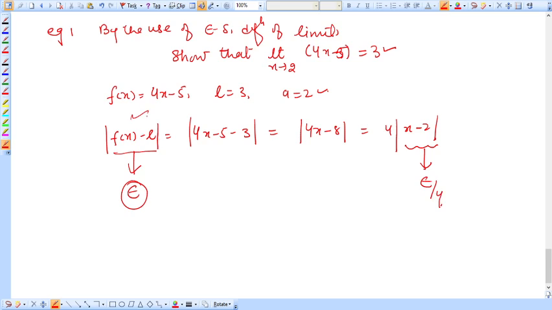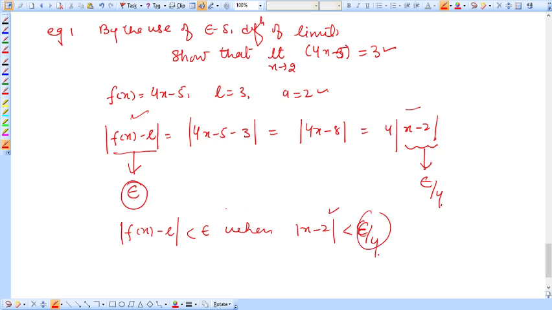So we can write that f of x minus L is less than epsilon when x minus 2 is lesser than epsilon by 4. So this is our delta. For this epsilon there exists a delta equal to epsilon by 4, such that this difference gets lesser than epsilon when this is lesser than epsilon by 4.